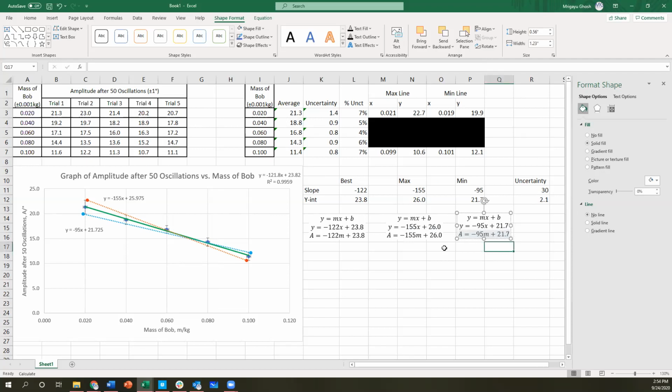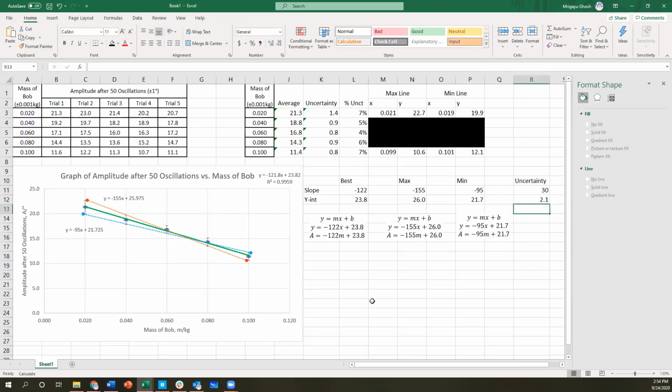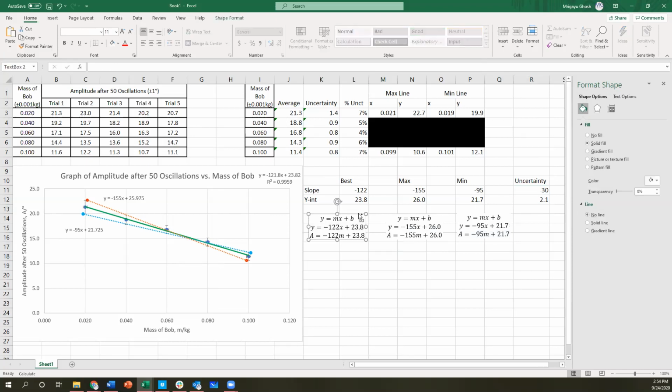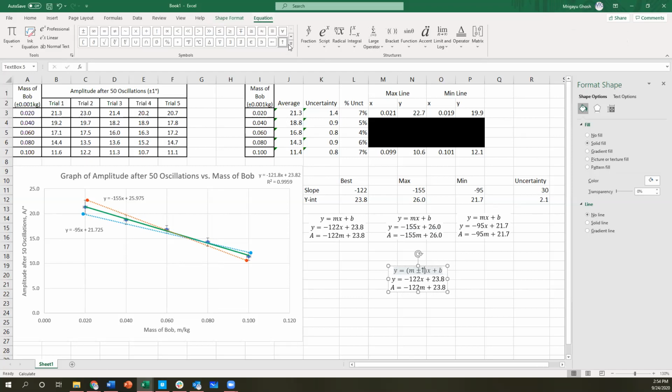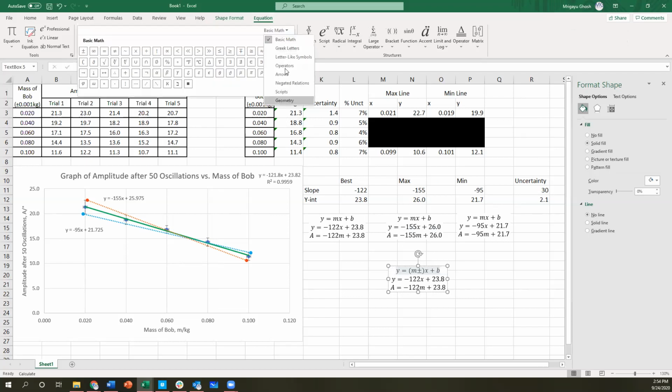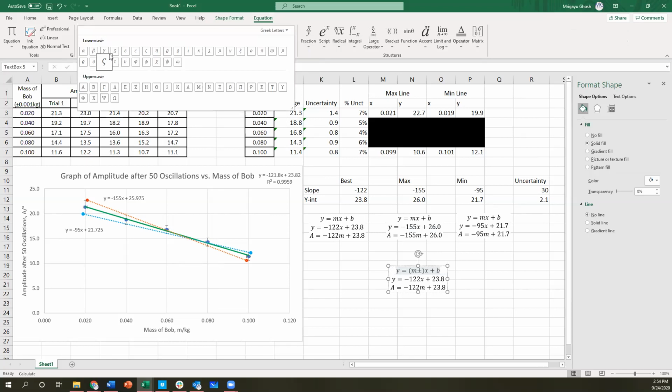Now that we have an uncertainty, we're going to write our final line. Essentially, what it'll be is y is equal to m plus minus delta m, and b plus minus delta b. That's essentially what we're saying. I wish delta automatically went in there, but I'll have to manually enter it.